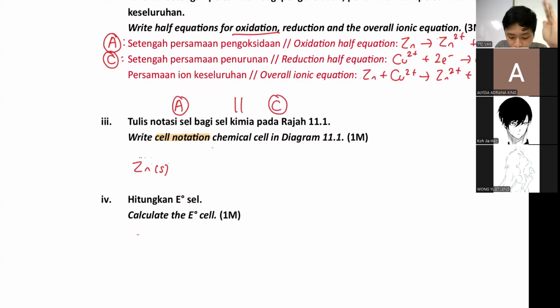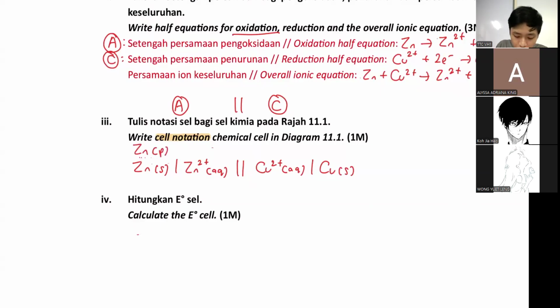The anode part is Zn solid, slash, Zn2+ aqueous. Aqueous means in the water. And then the cathode one, Cu2+ aqueous, slash, Cu solid. That's it. In Malay it is like this. Same thing, you just change to per joule and change to AK. The other things are the same.